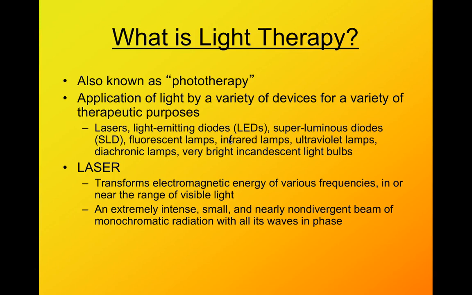It's also coherent, which means they're all in phase with each other. And it's non-divergent, which means that it's all collimated. You have a single point. So again, comparing a laser pointer to a flashlight, where we would have that more divergent beam in the flashlight. So that's really important. Those four things is what distinguishes a laser: monophasic, monochromatic, coherent, and non-divergent.